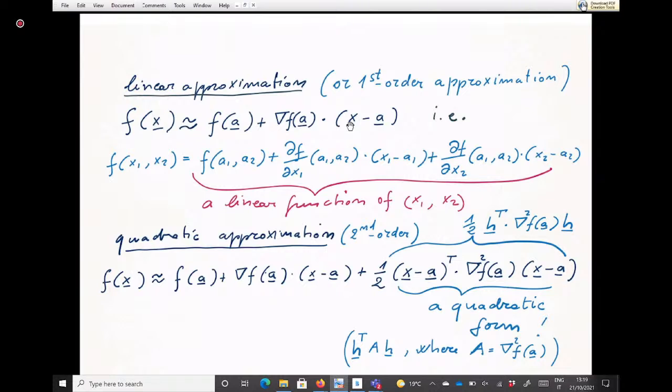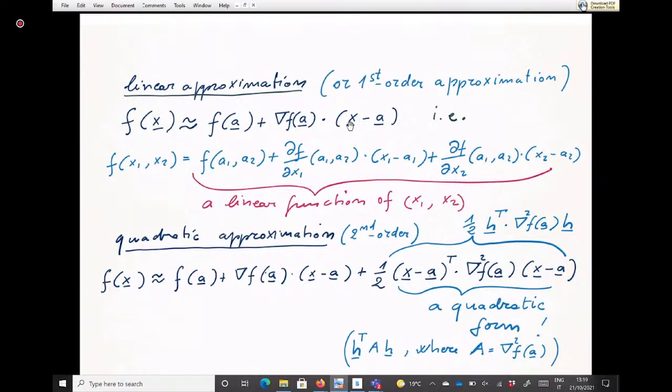Can we write this extensively, explicitly, without using the matrix notation? It would become f of a1, a2, which means the value of the function at the initial point, plus the partial derivative with respect to x1 at the initial point, times the increment, x1 minus a1, plus the partial derivative with respect to x2, times the increment, x2 minus a2. So this is the meaning of this.